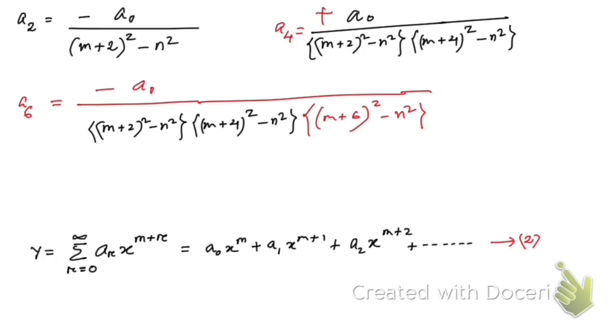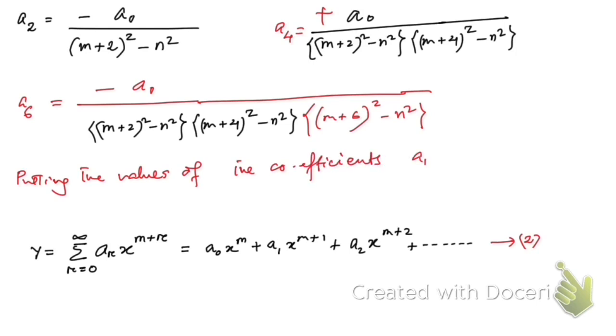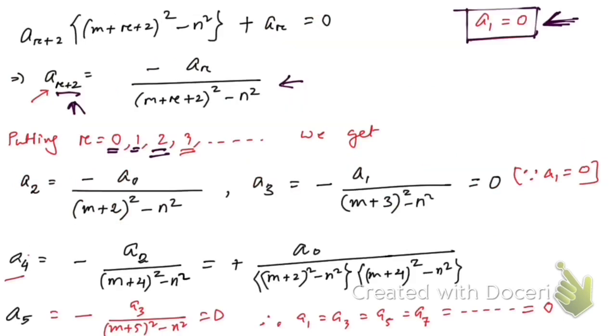So putting the values of the coefficients a1, a2, a3 and so on in equation number 2, let me go to the previous slide. Here you see we have already got that a1, a3, a5, a7 are 0.